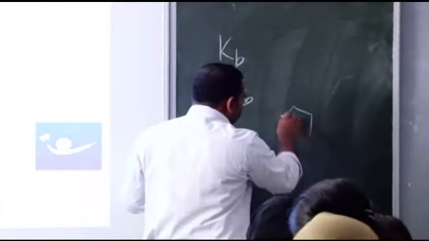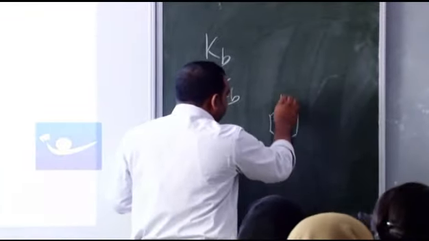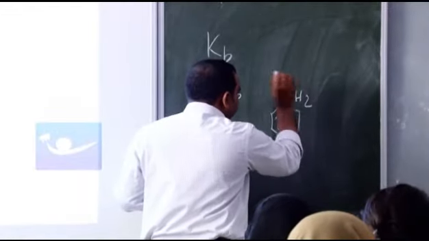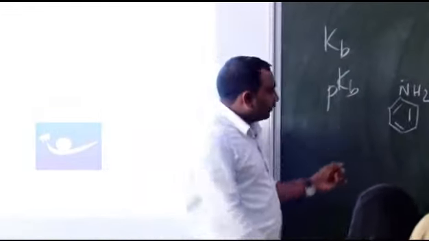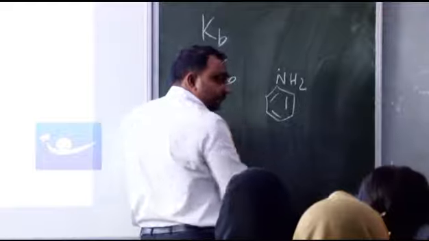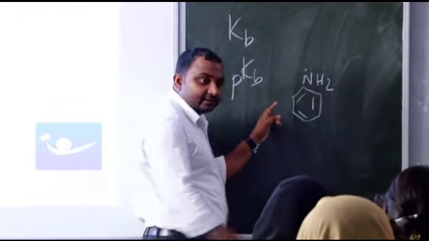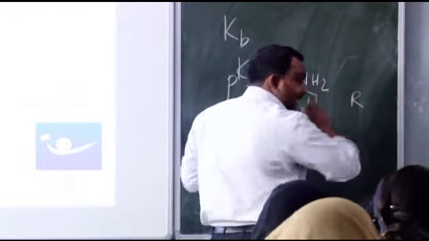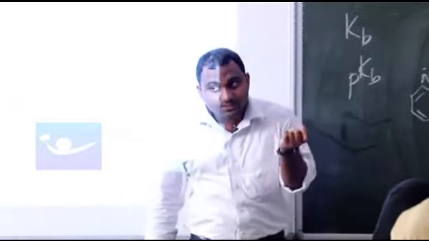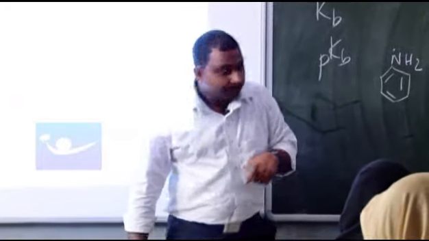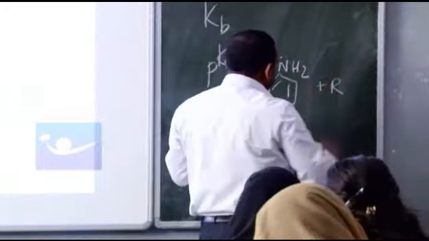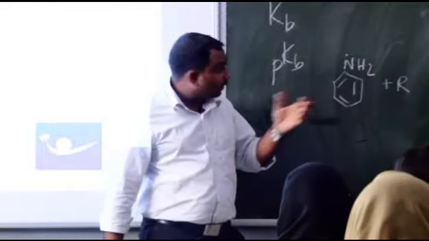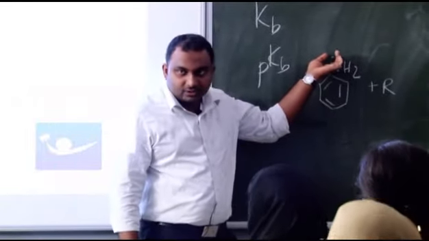And if you take C6H5NH2, you know that it is attached to a benzene ring, and it will be involved in what type of effect? Resonance effect. What type of resonance effect? Plus R. So basicity depends on the availability of this pair of electrons.